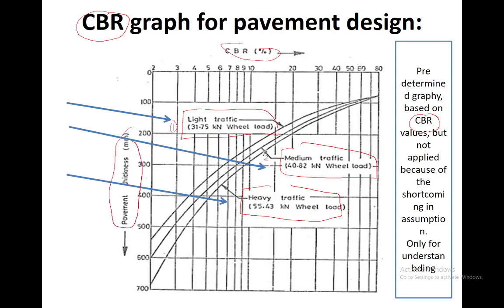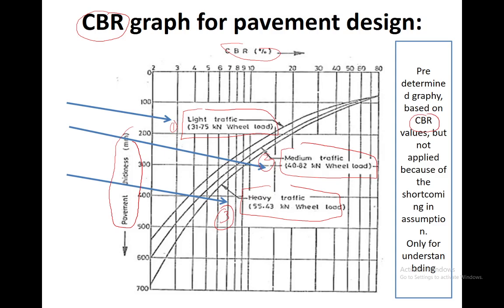On the basis of all those assumptions, we can come up with the pavement thickness value. But all those approaches are quite predetermined, and the graph is based on the CBR method, which could not always be applied because of the shortcomings, assumptions and limited approach of the CBR. But this is only for understanding purposes.